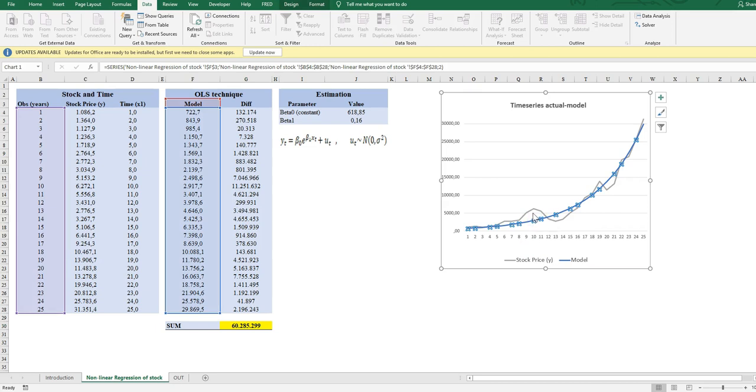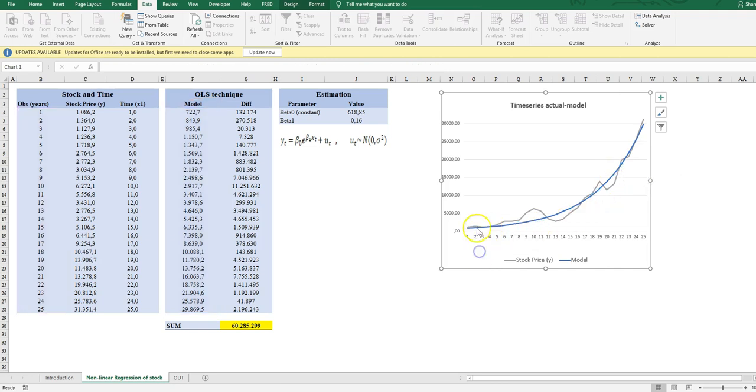So now this model, it's nice and it looks good and it's a trend, but remember what the purpose is. The purpose is to use the model to extrapolate in the future a value for the stock price. We don't do this just because it looks good.